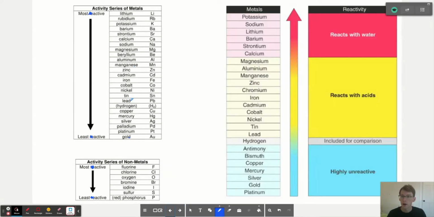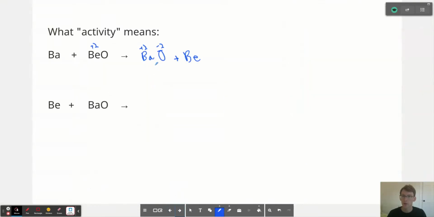Now, how do I know that this will occur? Well, I know that barium is one of the most active metals. The only more active metals are potassium, rubidium, and lithium. Beryllium is a bit further down. It is less active. So because beryllium is lower on the activity series, it is capable of being displaced by the barium.